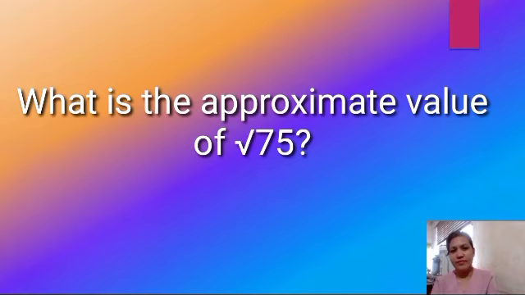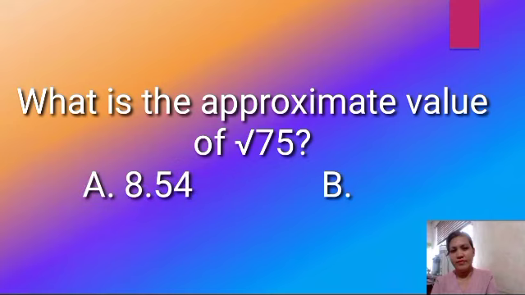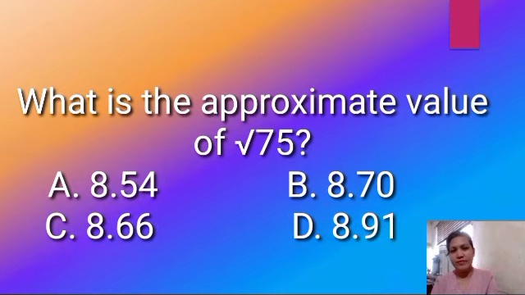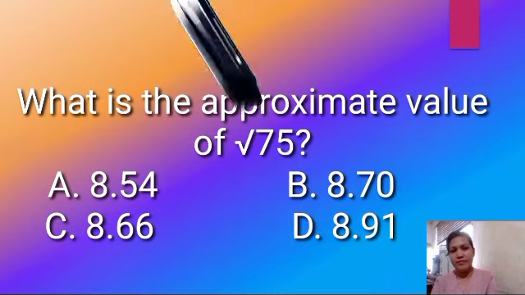How about this? What is the approximate value of a square root of 75? A. 8.54, B. 8.70, C. 8.66, D. 8.91.